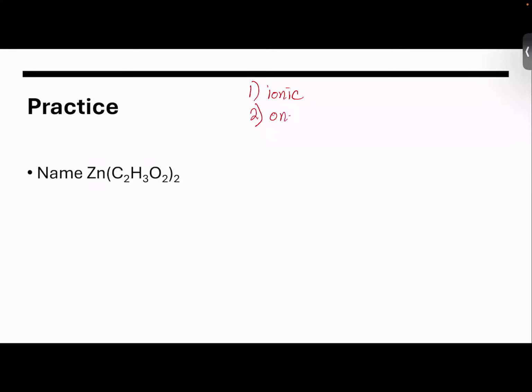One type of charge. So we are simply going to name the metal, which is zinc, and we are going to name the anion. This anion is one you're going to need to get to know. It is the anion acetate. So that is zinc acetate.